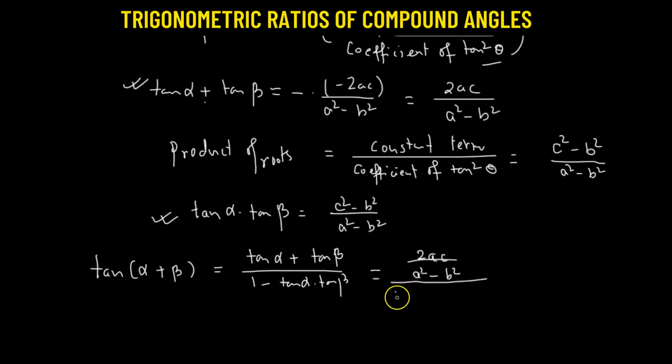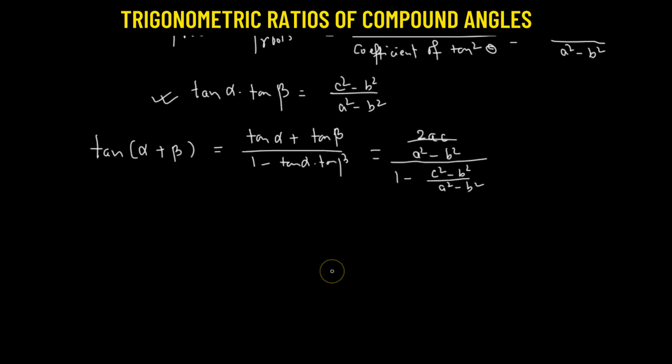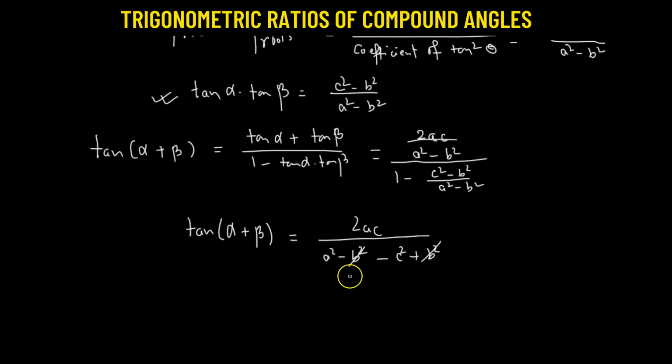And in the denominator, we have 1 minus the product, which is c squared minus b squared over a squared minus b squared. Fine. That will be equal to 2ac divided by a squared minus b squared minus c squared plus b squared. So b squared cancels, and this finally gives us 2ac over a squared minus c squared.